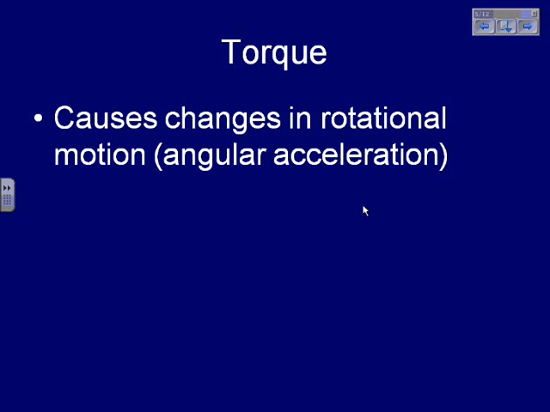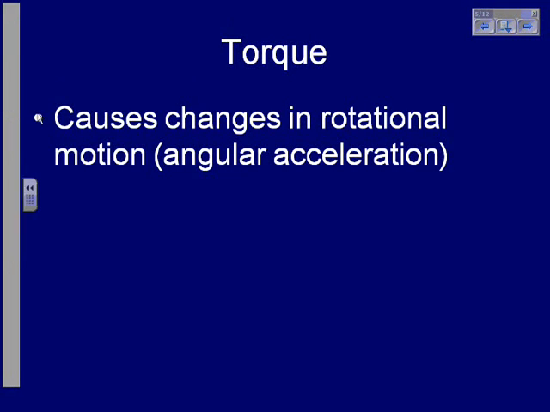Let's see if we can make some connections here. Theta was angular displacement, similar to regular displacement, telling us how much of a circle we have rotated around. Omega was angular velocity: how fast are we actually spinning?